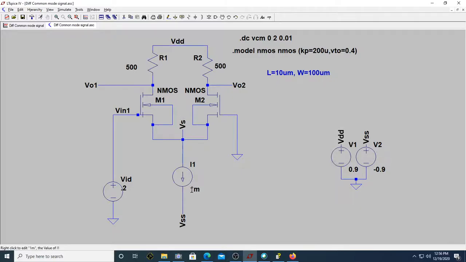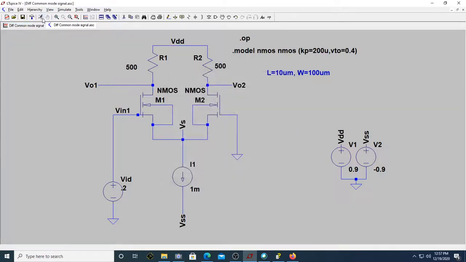Now we again have 1 milliampere current flowing through this. I'm just sweeping from 0 to 2 volt. We already found out what VGS was for this. VGS for this was equal to 1.1 volt, then VOV happens to be 0.7 volts. Of course, as we saw in the previous case, let me do .op for this.